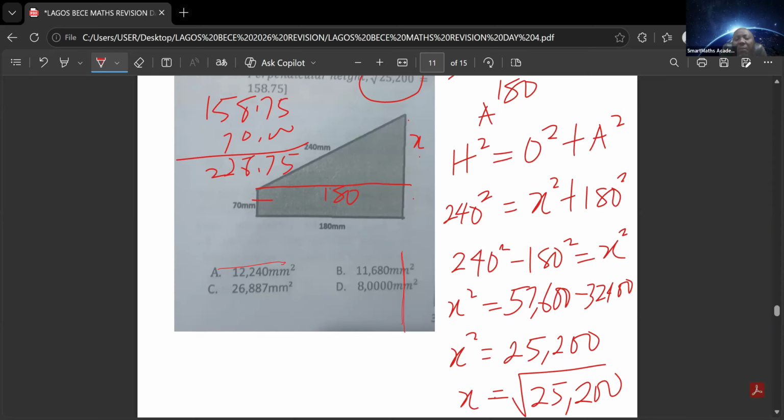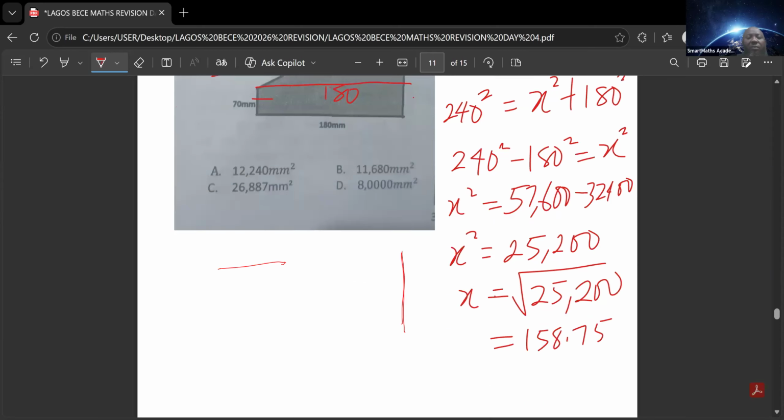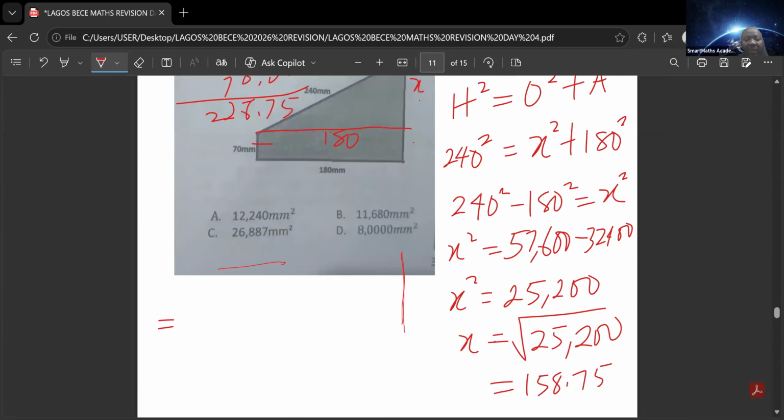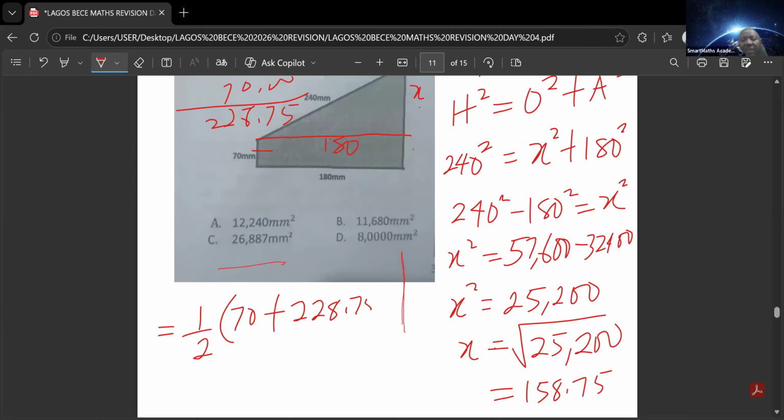You can then apply the formula, which says 1 over 2, open bracket, 70 plus 228.75, multiplied by the height.